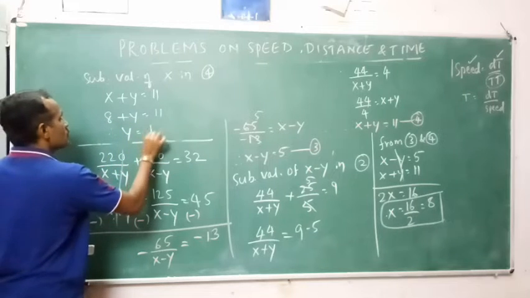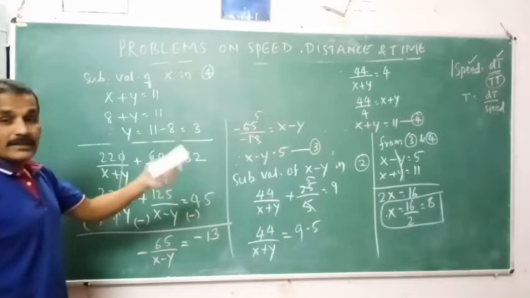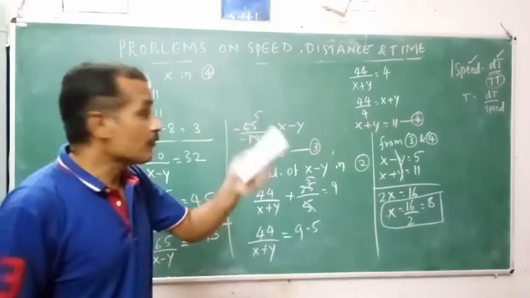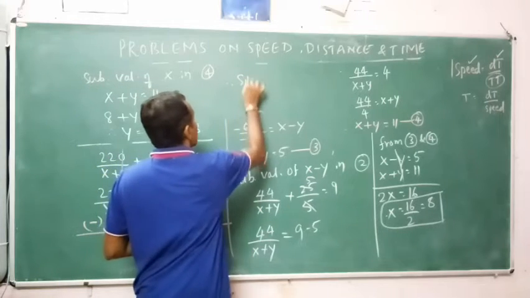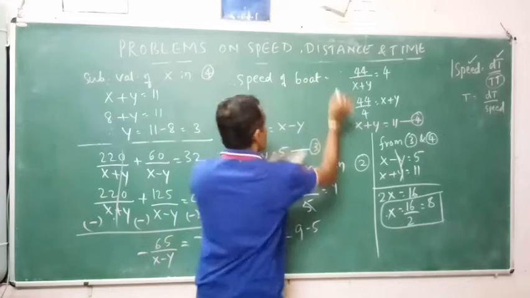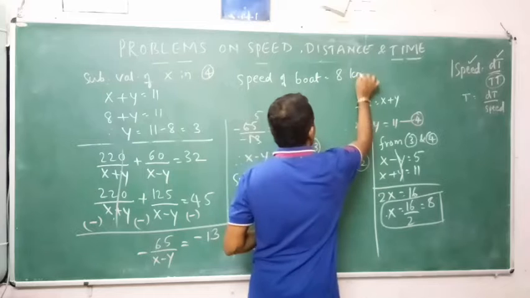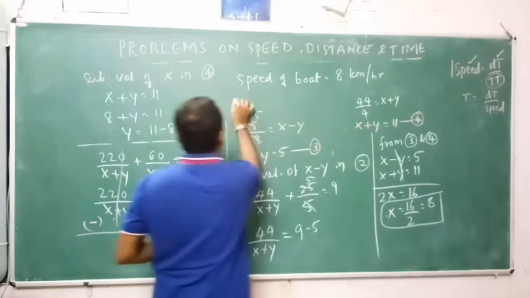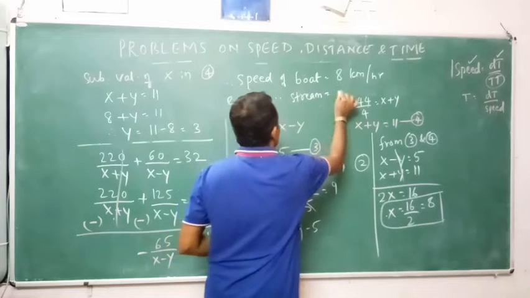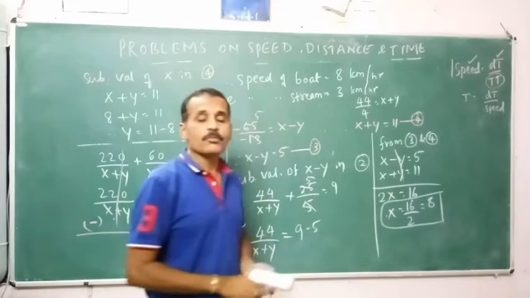Therefore, y is equal to 11 minus 8, which is equal to 3. What are x and y? x is the speed of the boat. Therefore, speed of boat is equal to 8 km per hour, and speed of the stream is equal to 3 km per hour. That is the end of the problem.